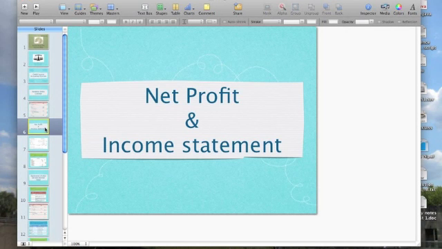The net profit and income statement. Net profit is the difference between revenues and expenses. Revenues are related to the sale of a good or service. Revenues are also sometimes called sales revenues, fees earned, and turnover. Turnover is used in the UK.